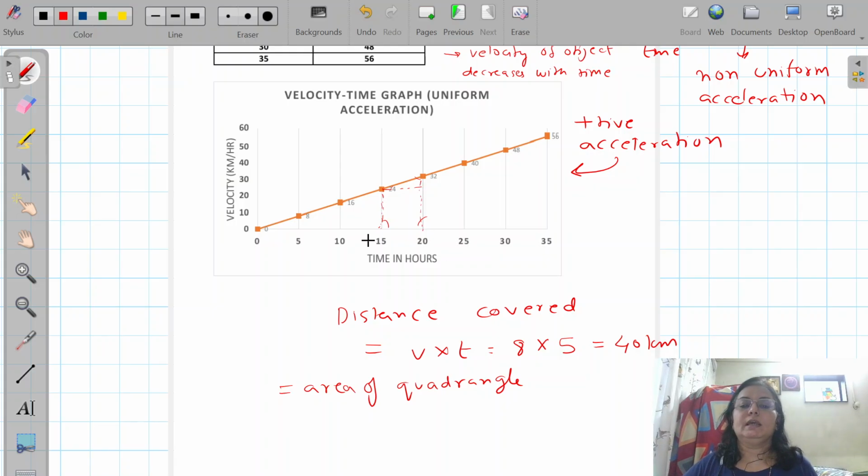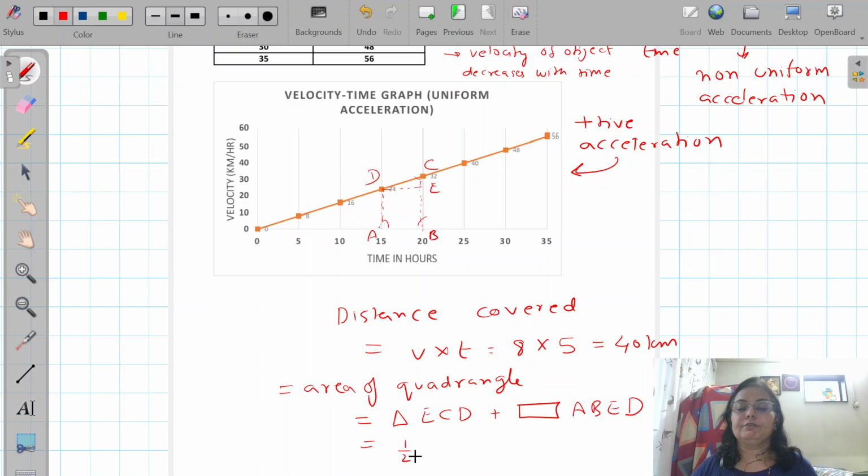Now if this is A, this is B, this is C, this is D, and this line is E, this is a small triangle here. Now the area of the quadrangle is nothing but the area of triangle ECD plus the area of rectangle ABED. Clear? Area of triangle plus area of rectangle will be the area of the quadrangle.